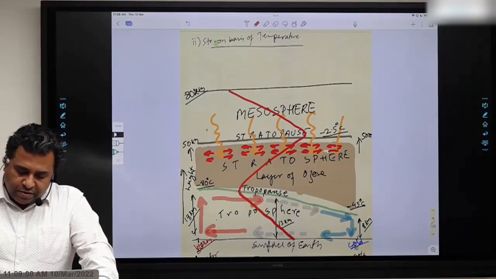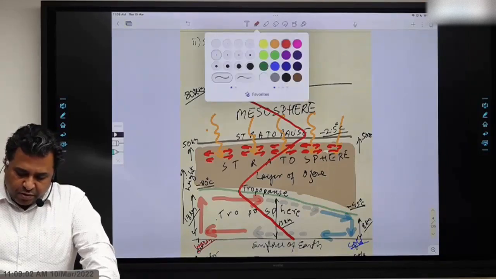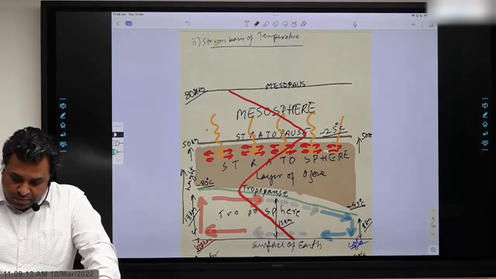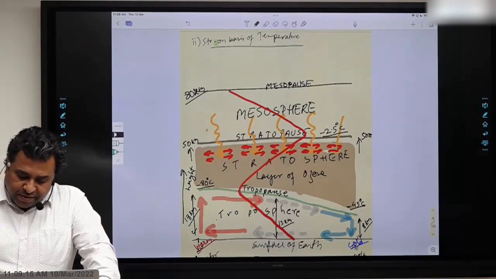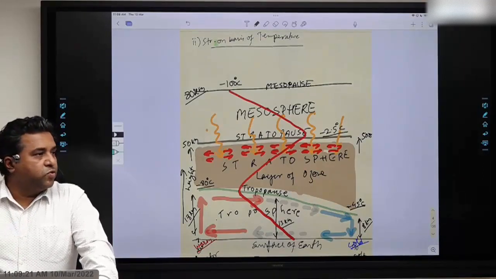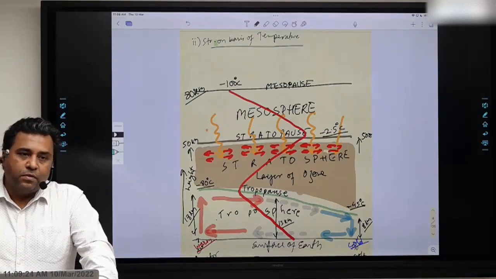And what is the minimum temperature that you find at the top of the mesosphere, the region which we call the mesopause? Minus 100 degrees Celsius. So here the temperature falls to the lowest value of minus 100.